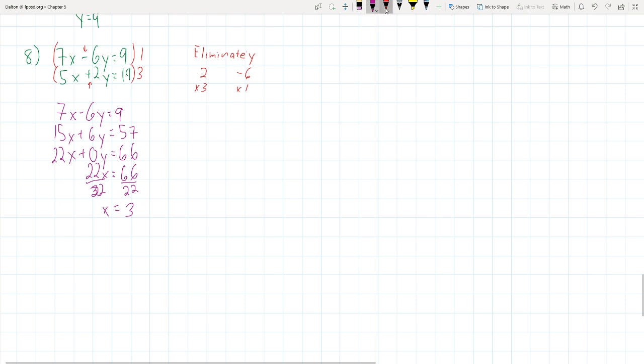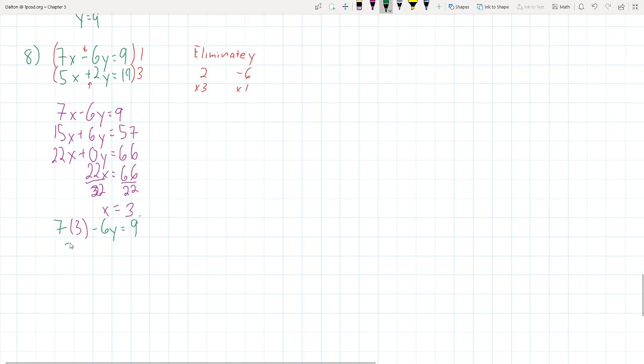Now I'm going to plug this x into an original equation. You get to choose whichever one you want to do. I'm going to do the top one just because that's the pattern that I've been doing. So I go 7 times 3 minus 6y equals 9.